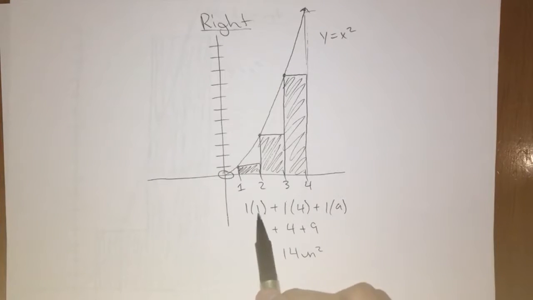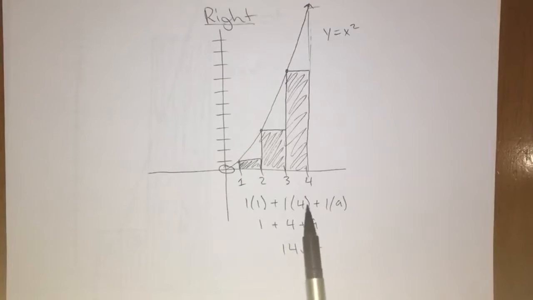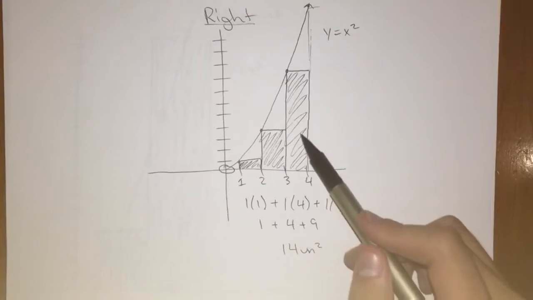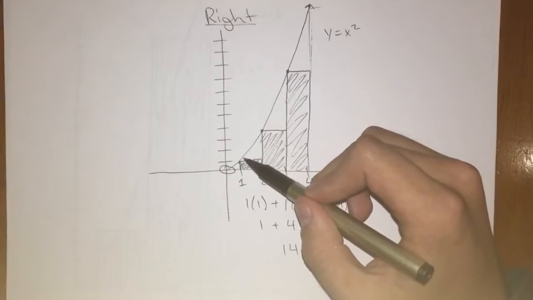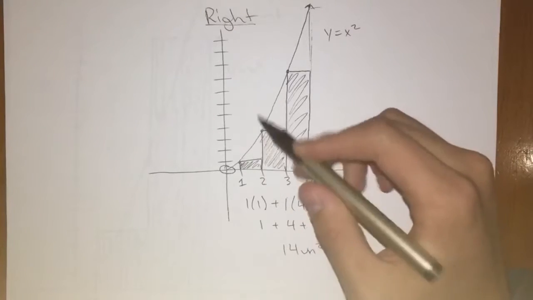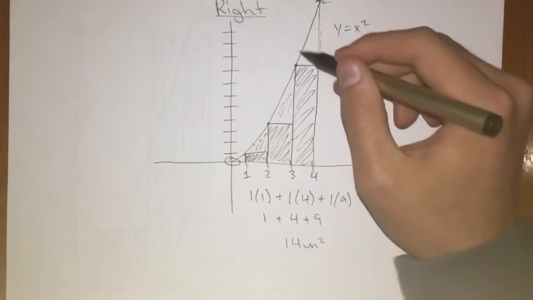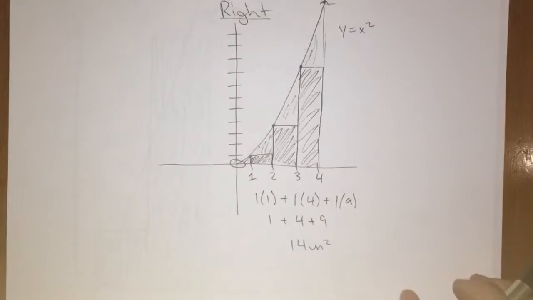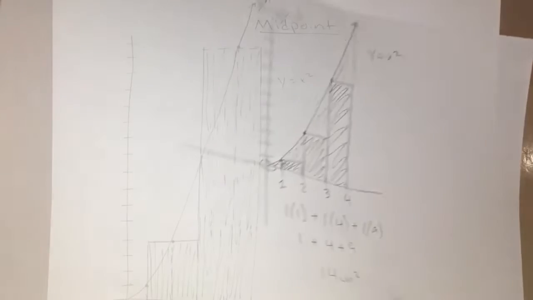Here, it would be 1 times 1 for the area of that box, 1 times 4 for the area of this one, and 1 times 9 for the area of this one. Those added up will equal 14 units squared. Also, this approximation is less than the actual area under the curve because there is area that isn't being filled in under the curve. Once the areas are added, you will get your answer.